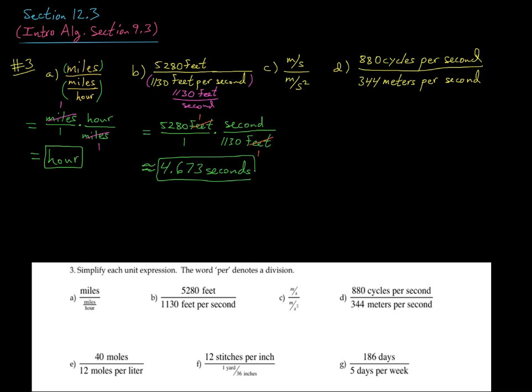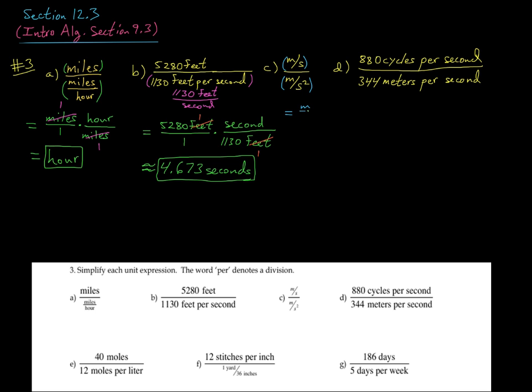Now one thing to be mindful of, like on WebAssign, it'll always specify how it wants you to enter an answer, whether it's a decimal rounded to a certain number of decimal places, or a simplified fraction, that kind of thing. All right, great. For C, we have meters per second divided by meters per second squared, so just think about this in exactly the same way we were doing question 2.